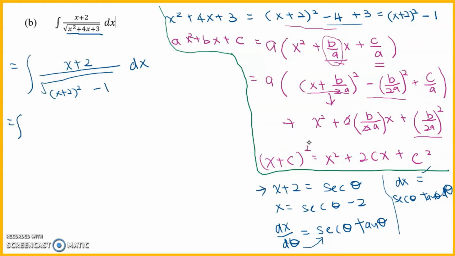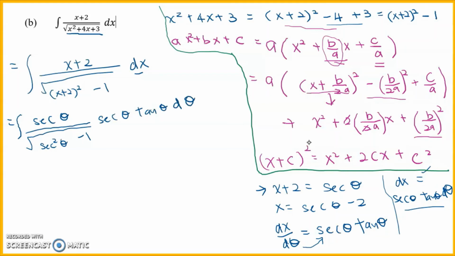Now let's go back to this. Since the substitution x plus 2 is secant theta, I have secant theta over the square root of secant squared theta minus 1, and dx is secant theta tangent theta d theta. We just take note that in the trigonometric identity, secant squared theta equals 1 plus tangent squared theta.